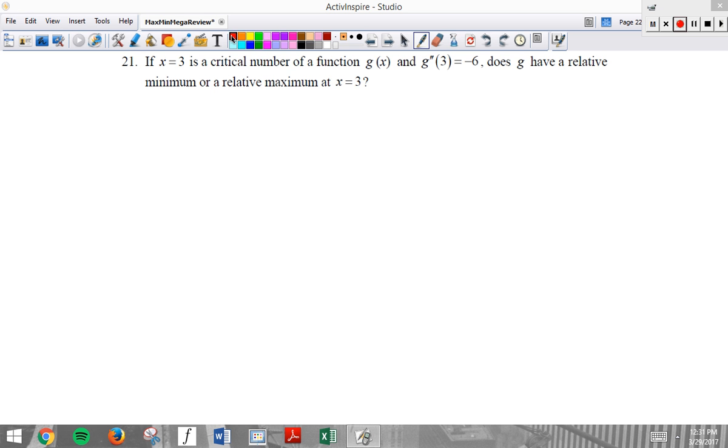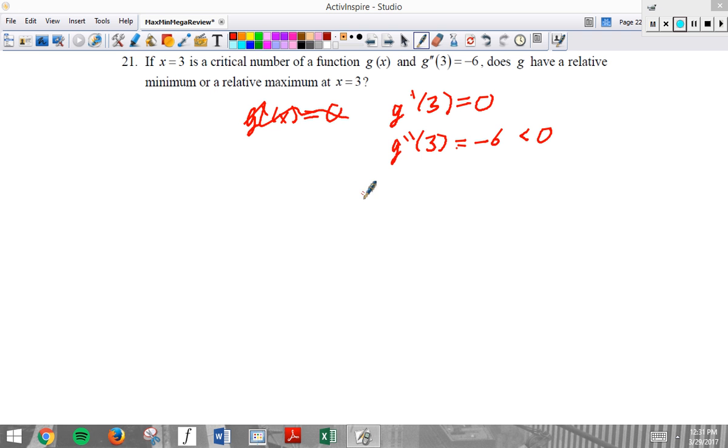3, 2, 1. X equals 3 is a critical number. That means g prime of x equals 0. Sorry, that means g prime of 3 equals 0. G double prime of 3 equals negative 6, which is less than 0.